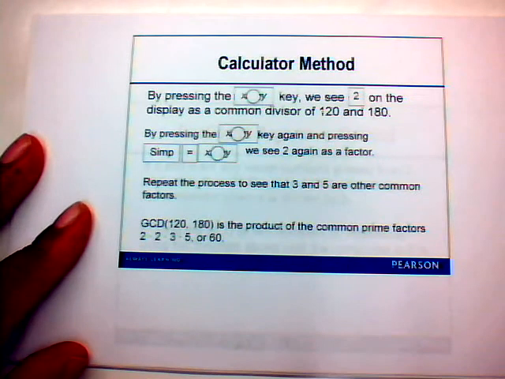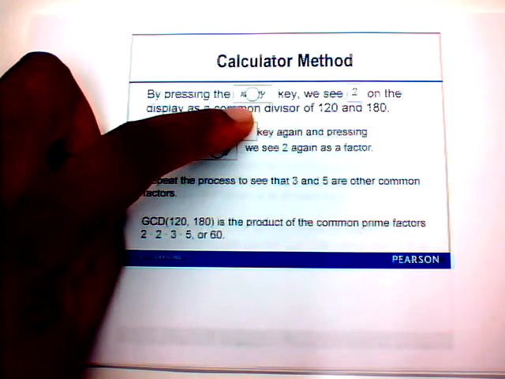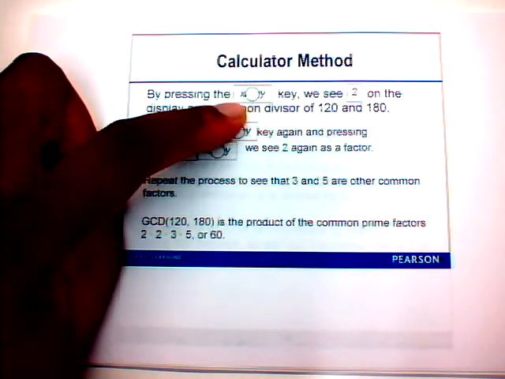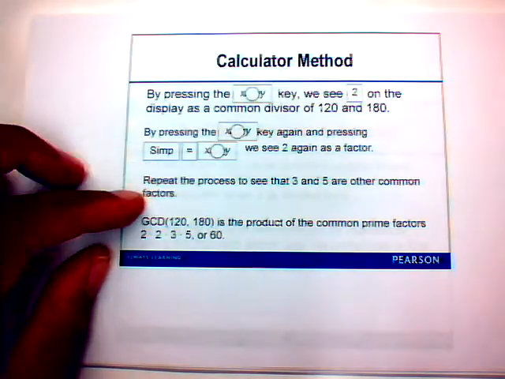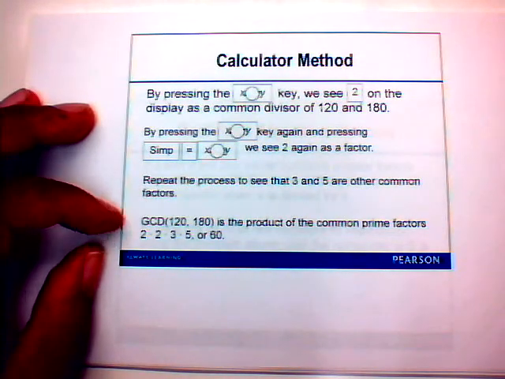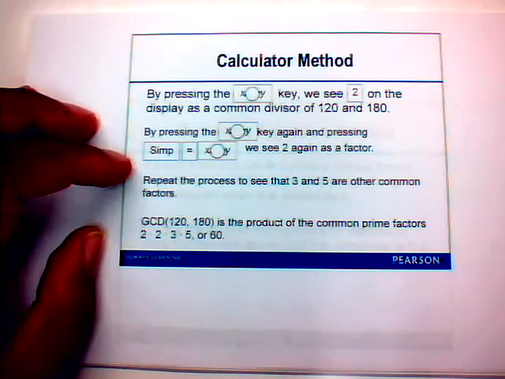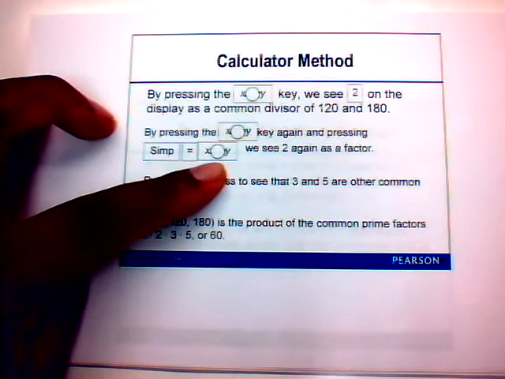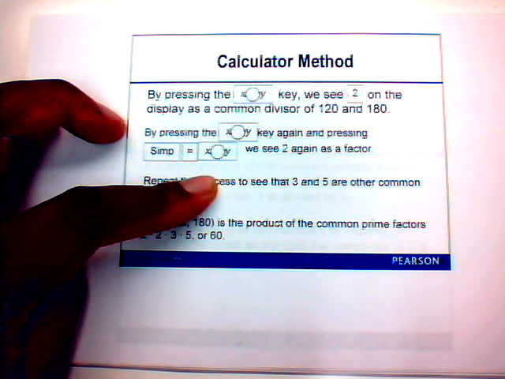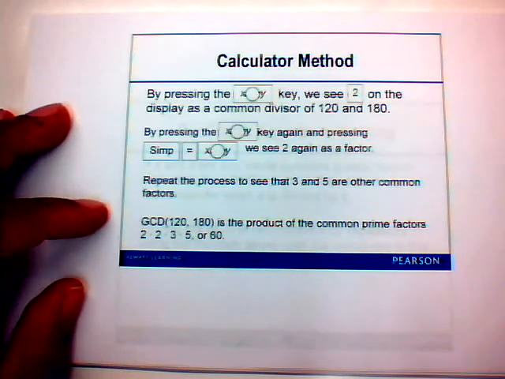And then we press the button that has the X, this type of key right here, and we see 2 on the display as the common divisor of 120 and 180. And then if we press that key again and keep pressing SIMP equals, and then press the X to Y key, we see 2 again as a factor.